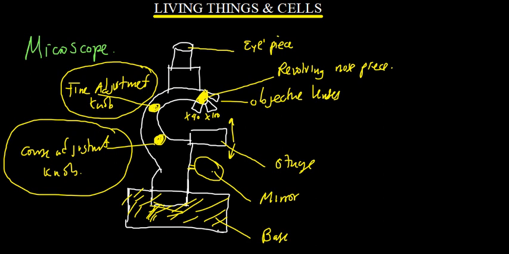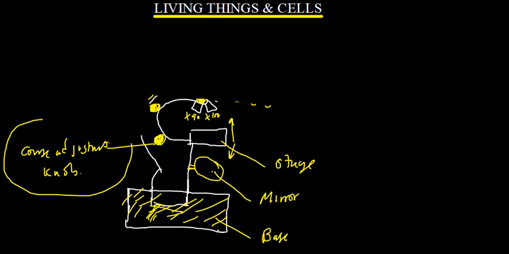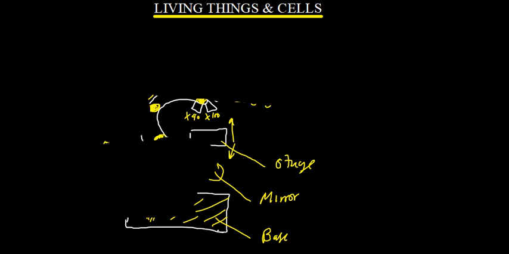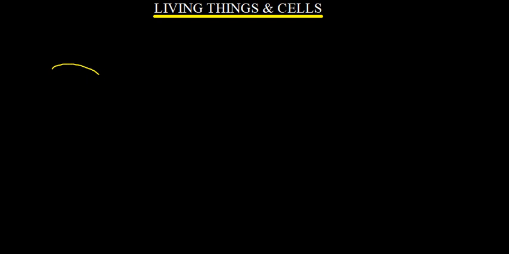Okay. Because the microscope magnifies things, if you started with something very small, let's say a leaf, and you measured its length, and it was, let's say, 2 centimeters.